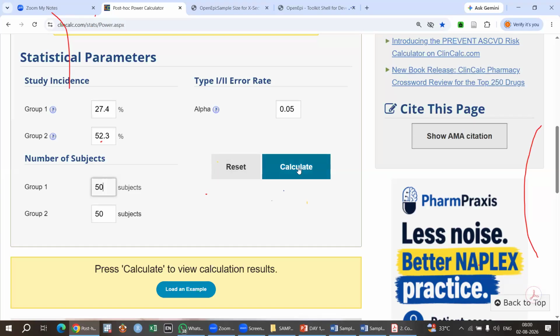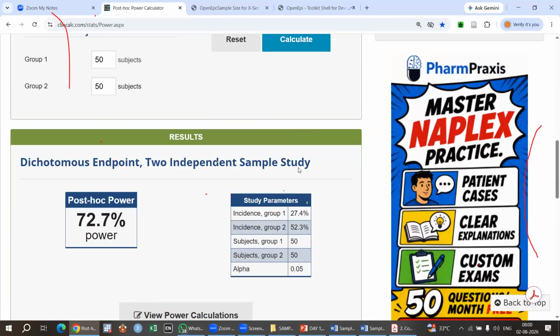Just click calculate, you will get the power of study. And please remember, your power of study should never be less than 80%. If it is less than 80%, the reliability or validity of the study is questioned, and there is less chance of publication acceptance.